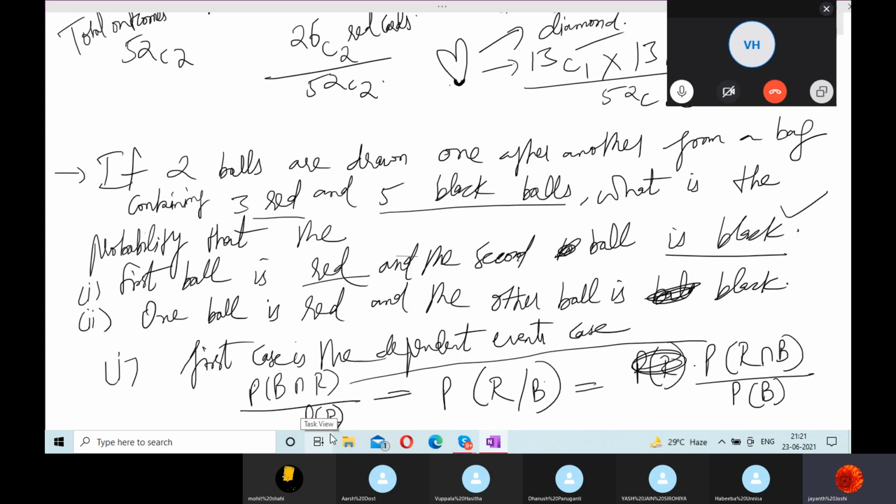So we need to see first ball is red. Okay. And the second ball is black. So now what we can do is we need to see the probability of black and red ball. What is the probability that first ball is red and second is black?